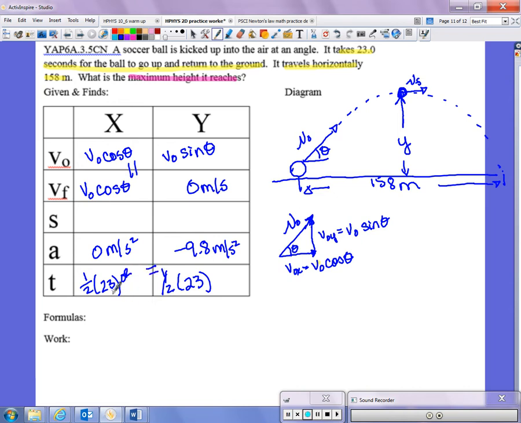So 1/2 of 23 is 11.5. This is the one time where I'm okay with you using a calculated value, because to me, it's not really a calculation. We just know intuitively that it is 11.5 seconds to the top.